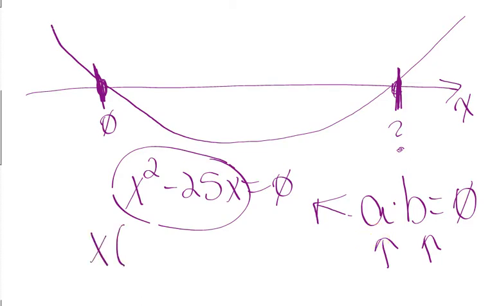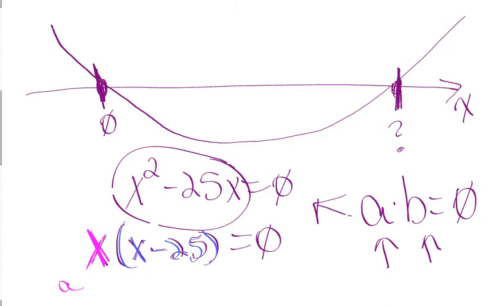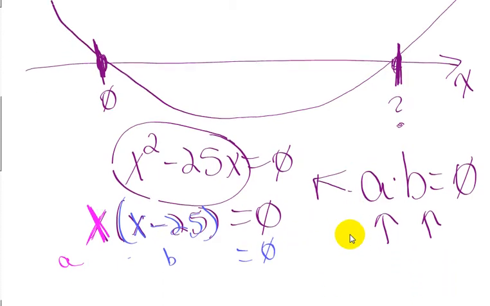An x, and what's left over? An x minus 25 equal 0. So that means that this x is my A, and this x minus 25 in parentheses is my B. So I do have an A times B equals 0. Okay? So now we can solve this.